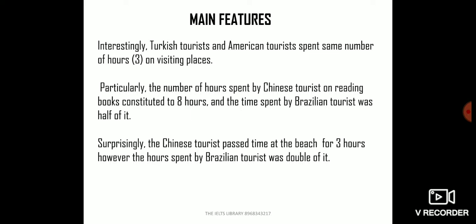Now just check the way the statements have been formed. The first statement is: Interestingly, Turkish tourist and American tourist spent the same number of hours on visiting places. Now yes, it does make sense, right? Next is particularly: the number of hours spent by Chinese tourists on reading books constituted 8 hours, and the time spent by Brazilian tourists was half of it.